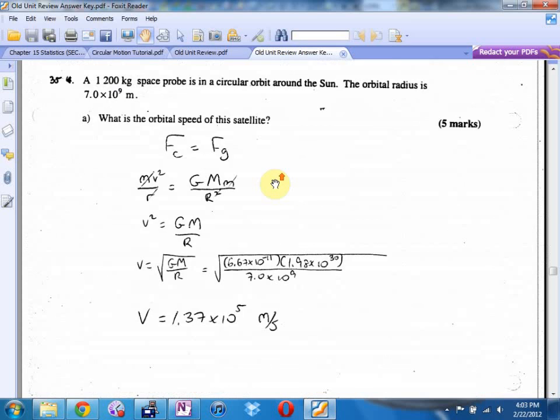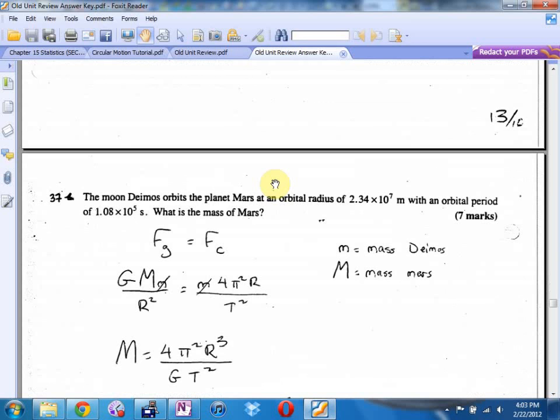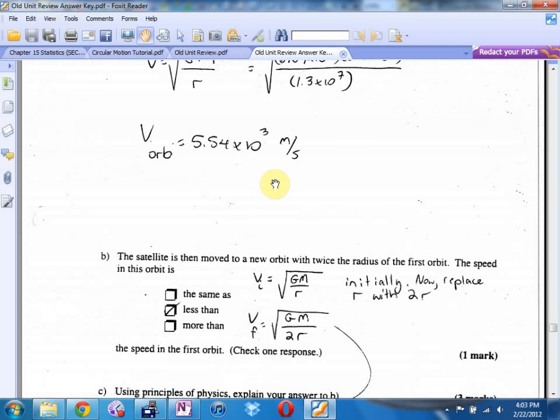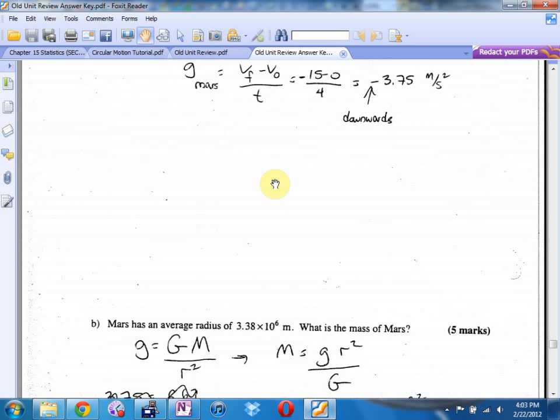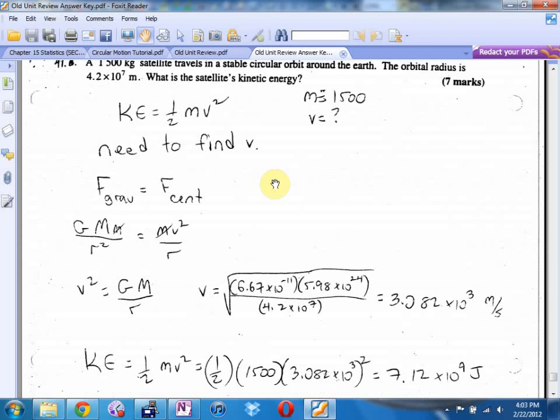Some of these are kind of repetitive. Come on. Am I going to find one like it?